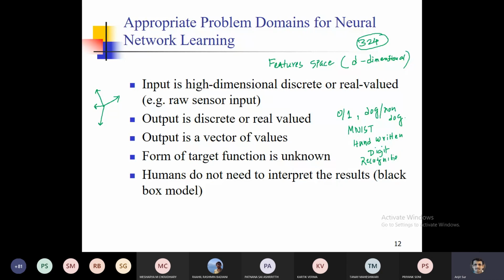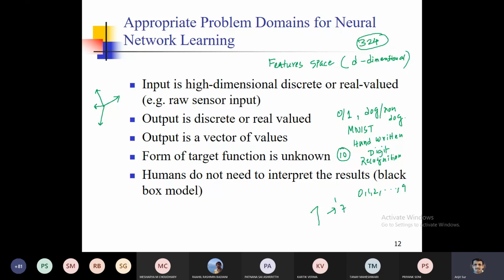So how many classes? Definitely 10 classes, 0, 1, 2, up to 9. We have to recognize a digit, which may be 1, maybe 7, or something like that.